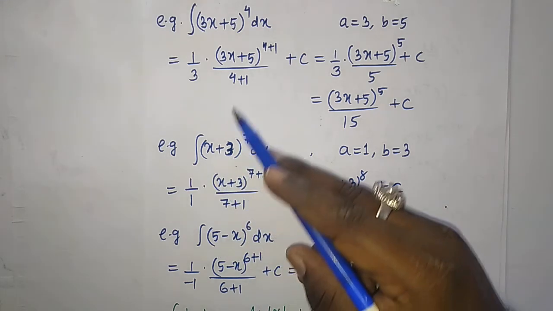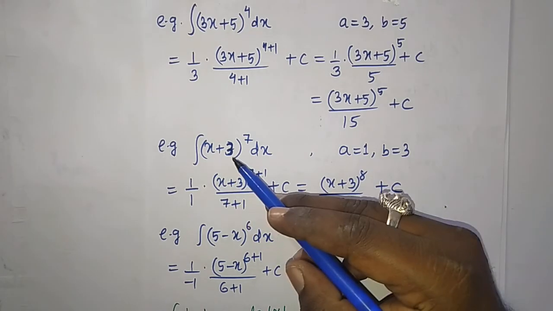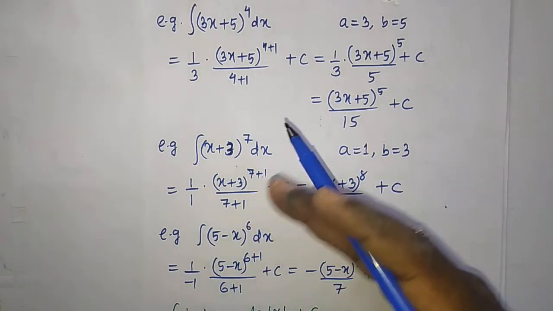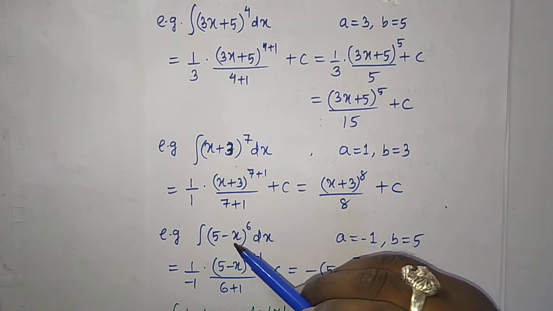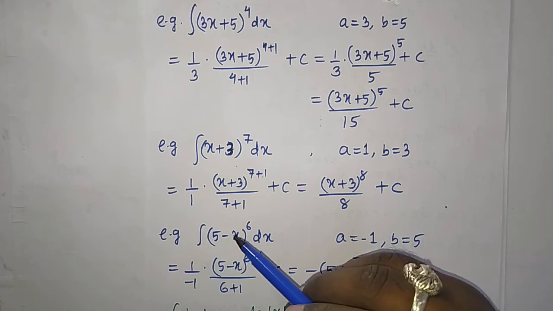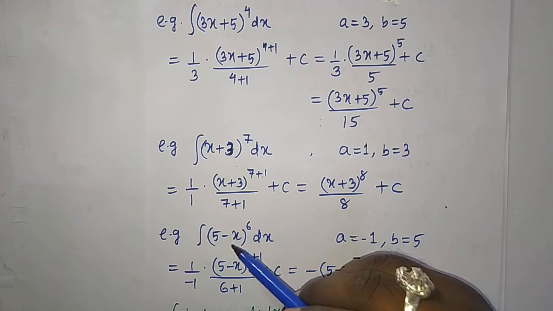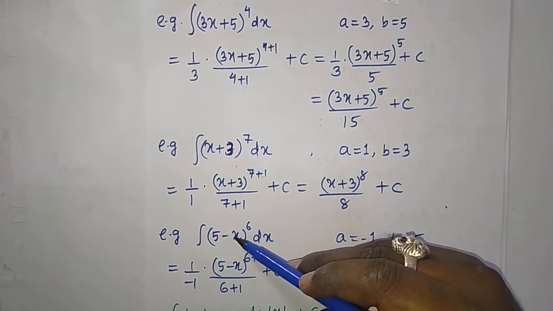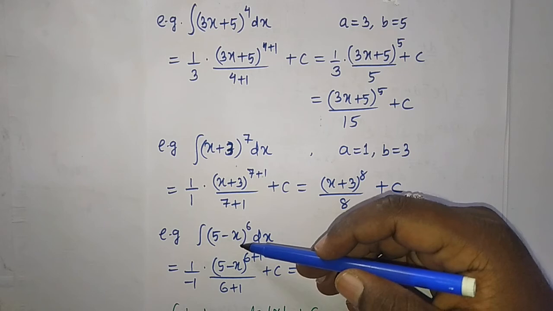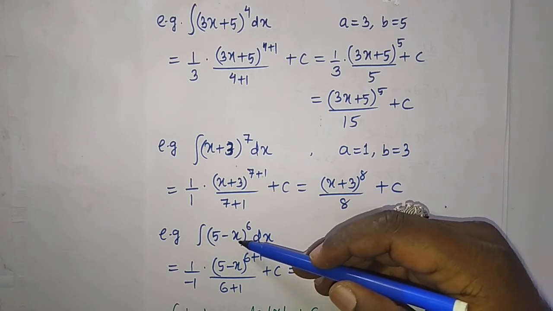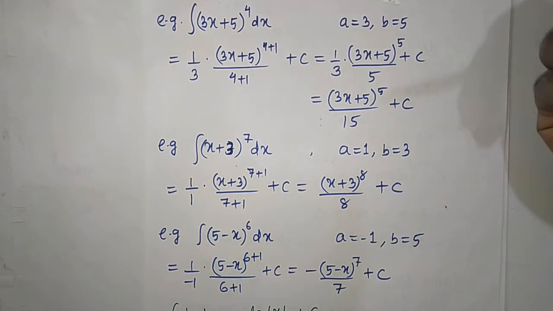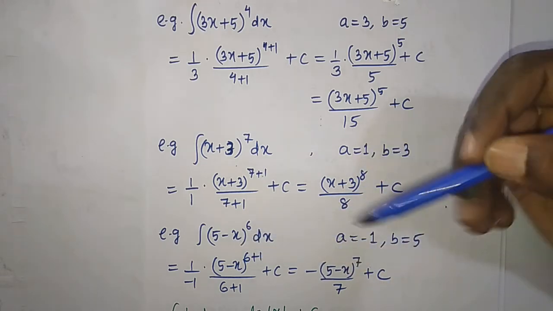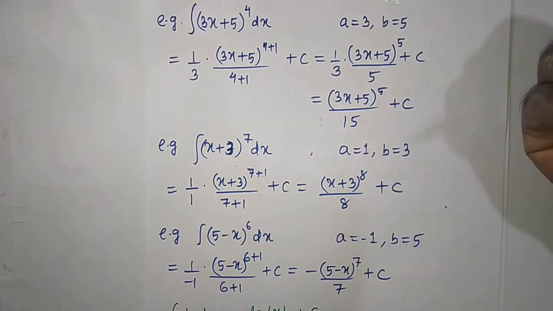Initially we were getting 3x plus 5, or x plus 3, with the x term in the beginning, but in this example the x term is in second place. 5 minus x is there, and minus x means the coefficient of x is minus 1. So here a will be minus 1.